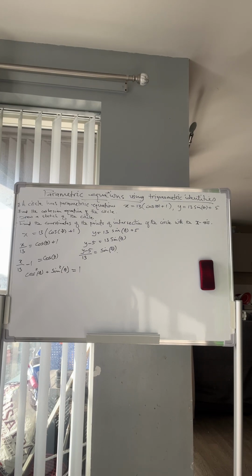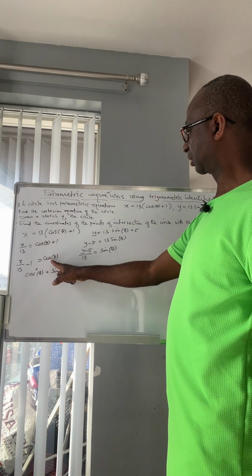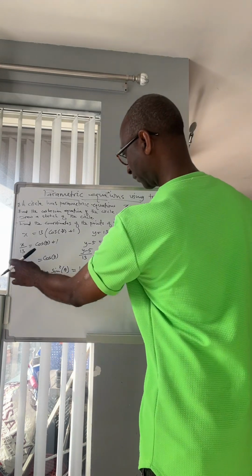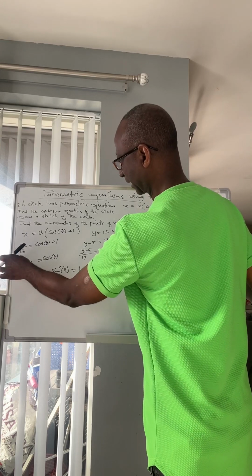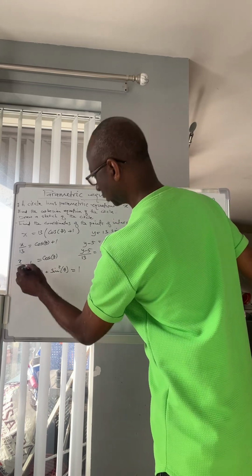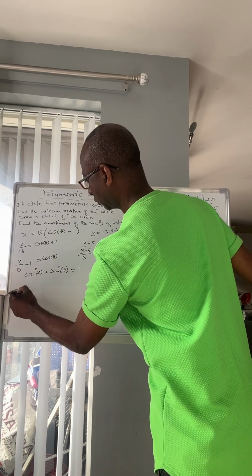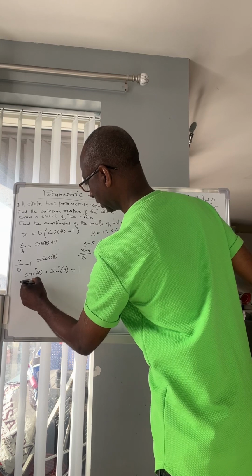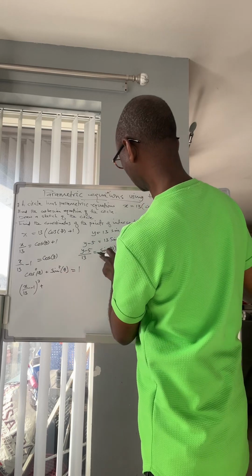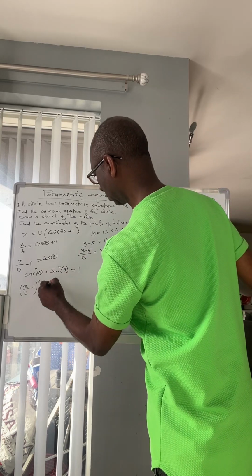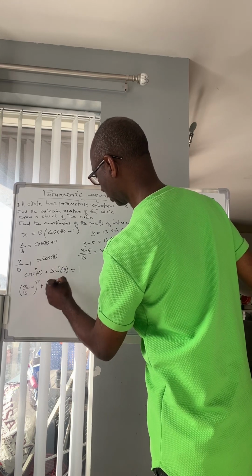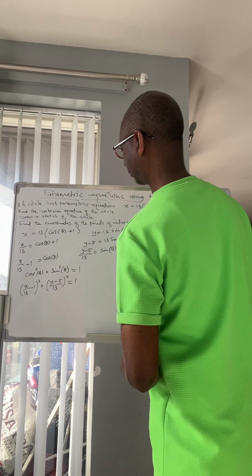If we now square this and square this, it will be equal to 1. Therefore the cosine of theta is x over 13 minus 1, so x over 13 minus 1 all squared, plus the sine, which is y minus 5 all over 13, all squared, equals 1.